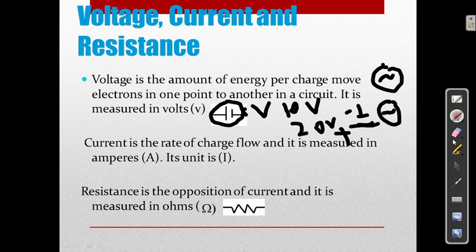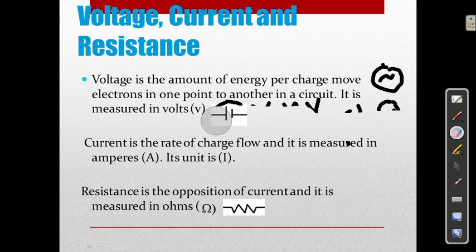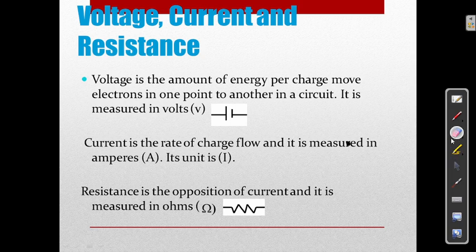So these are all about the voltage. Voltage, current and resistance play a vital role in the electrical industry, so we have to give more concentration to these three things, because this is the major part of electrical.